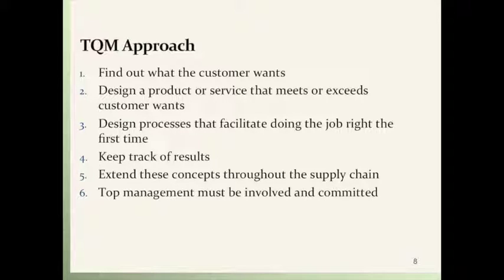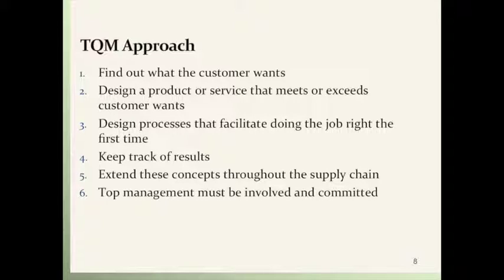Number one, you find out what the customer wants. The second is you design a product or service that meets or exceeds customer wants. Then you design processes that facilitate doing the job right the first time. Then you keep track of the results. Then you extend these concepts throughout the supply chain.